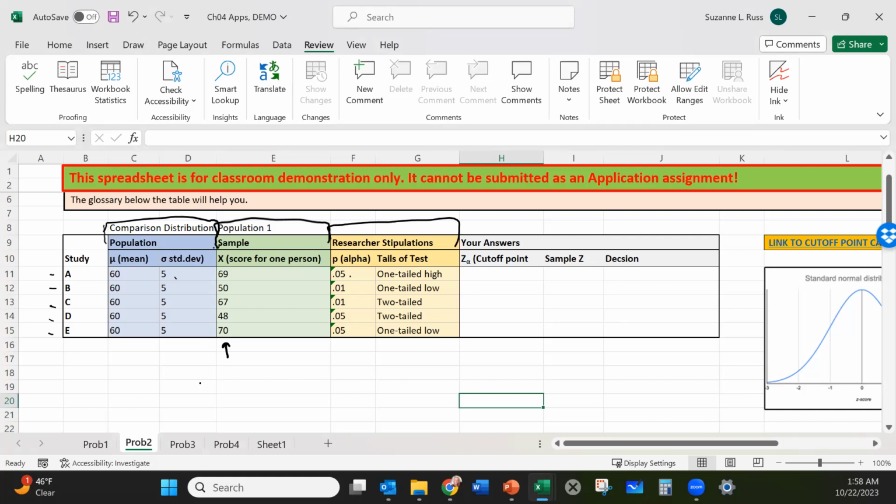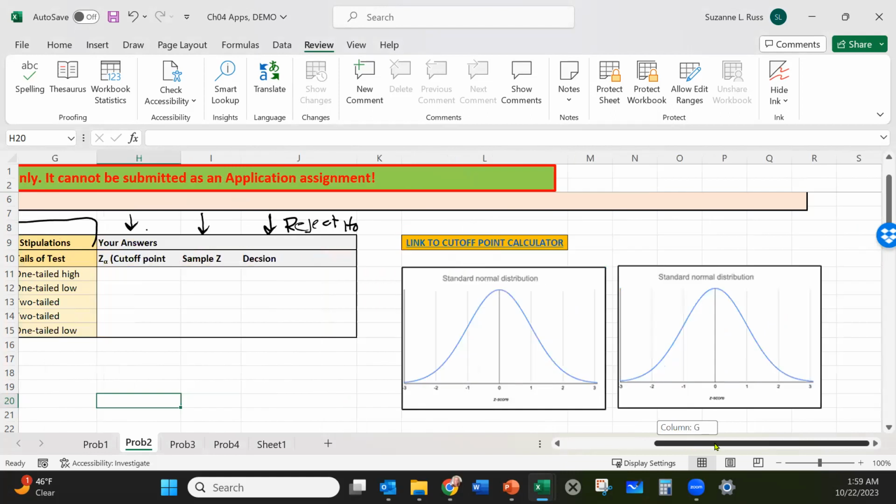The second one said, I'm only taking a 1% chance. And then we go on to the tails. You know about these, and those are going to differ. And all you have to figure out is the cutoff point, the sample z-score, and the decision, which is just reject H0 or not, reject the null hypothesis or not.